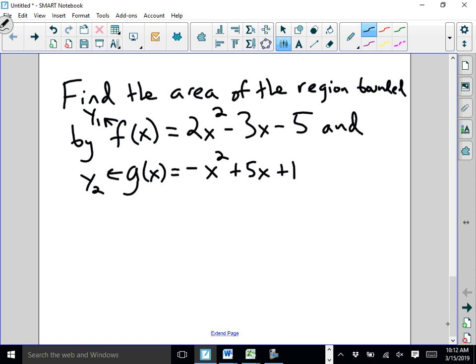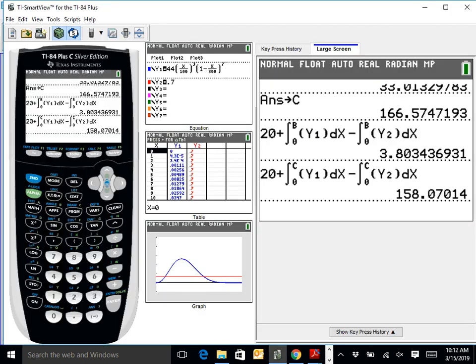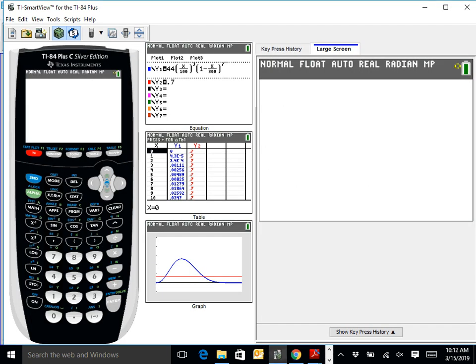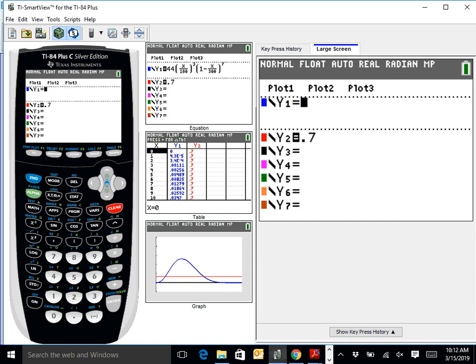Okay, so let's go to my calculator app, and I'm going to go ahead and type these two functions in. All right, I'm going to clear out the old junk that's in there, and I'm going to do 2x squared minus 3x minus 5.